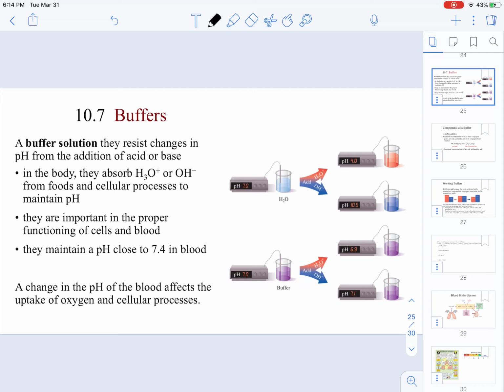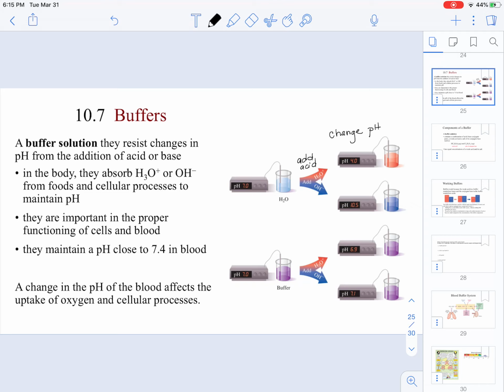To illustrate how buffers work, in the illustration on the slide, we have water with a pH meter. Pure water has a pH of 7.0. When you add acid directly to water, if it doesn't have a buffer, you're going to change the pH drastically.